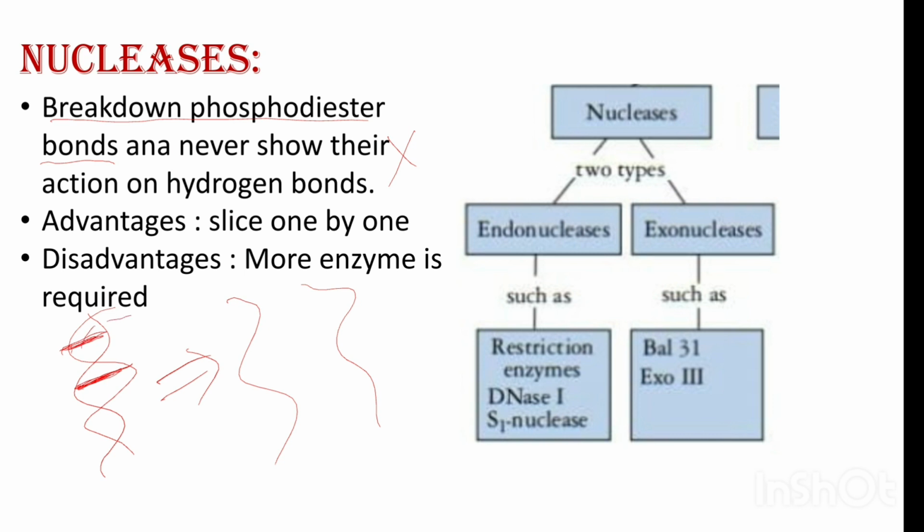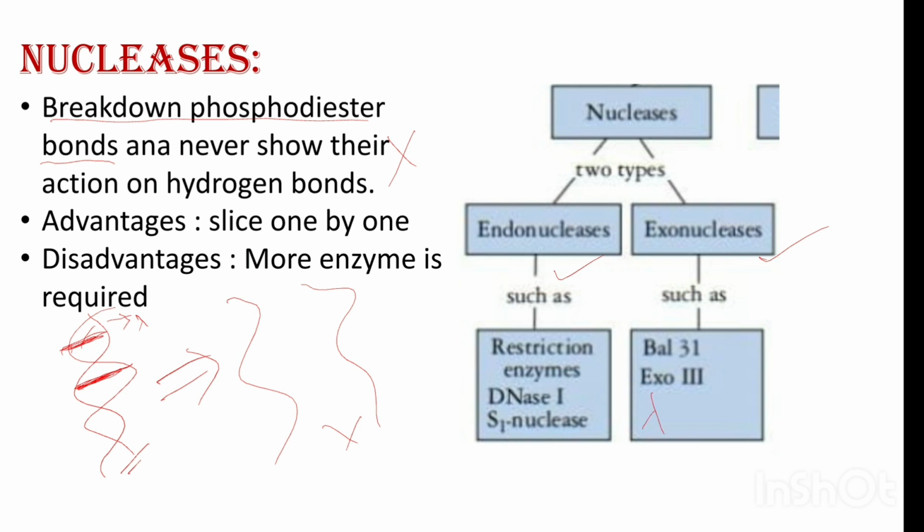When these hydrogen bonds are not disturbed, there is no breakage of hydrogen bonds, so the actual double stranded DNA stays like this and never becomes like this. Okay, and how the phosphodiester bonds are formed is through a different enzyme. We'll discuss it later. And in nucleases, we have two types, exonucleases and endonucleases.